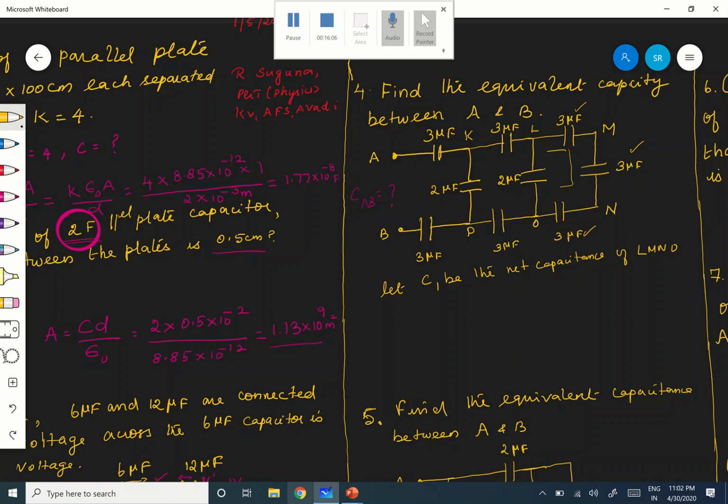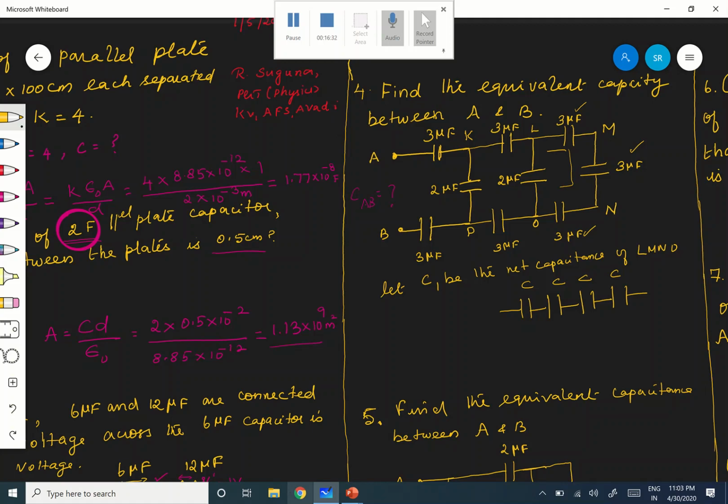Very important, now I'll tell you one thing. There are so many, for example, all are capacitance C, all having the same equal capacitance, and all are connected in series.